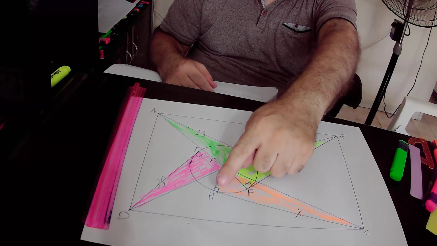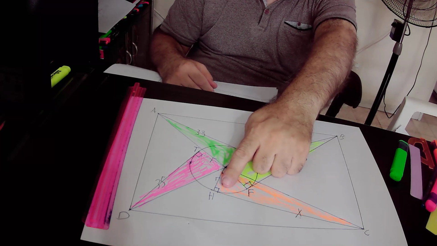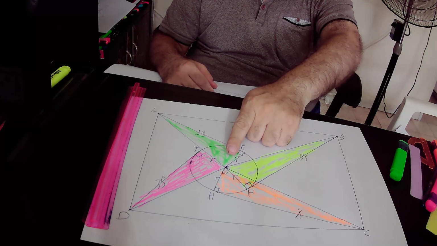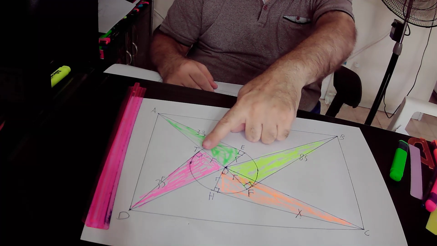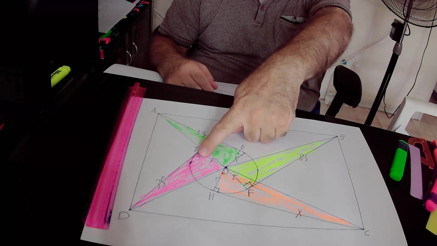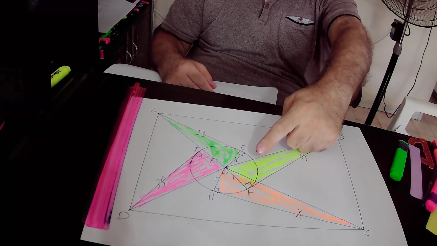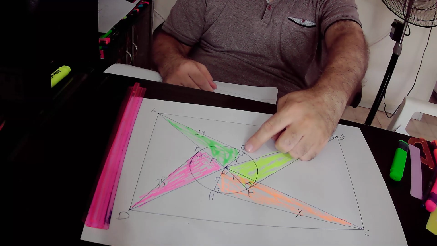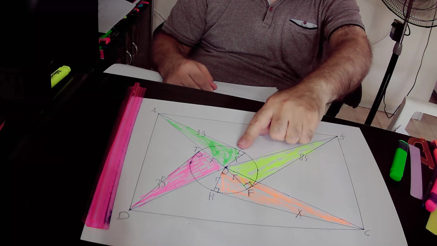The radius OH is drawn to the point of tangency, therefore this angle equals 90 degrees. The radius OT is drawn to the point of tangency, therefore this angle equals 90 degrees according to rule number 1. And finally, the radius OE is drawn to the point of tangency, therefore this angle equals 90 degrees according to rule number 1.